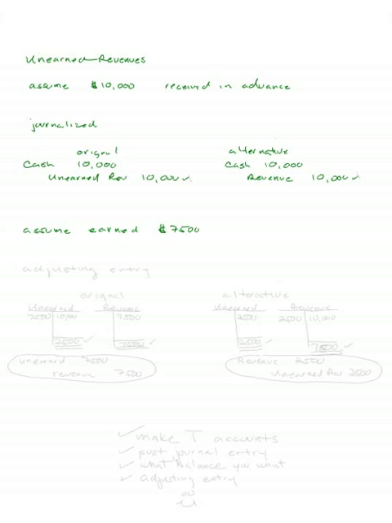What is the adjusting entry? So I want to make adjusting entries both under the original method and the alternative method with you. And let's start with the original, and let's use some T accounts to see where we are.